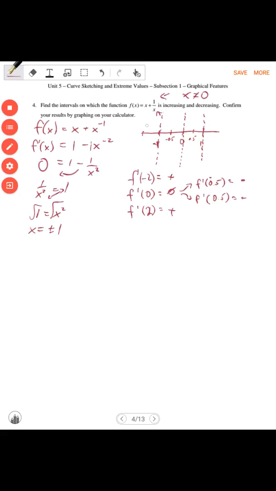All right, so this region we said was positive, this region we said was negative, this one is also negative, this one is positive.